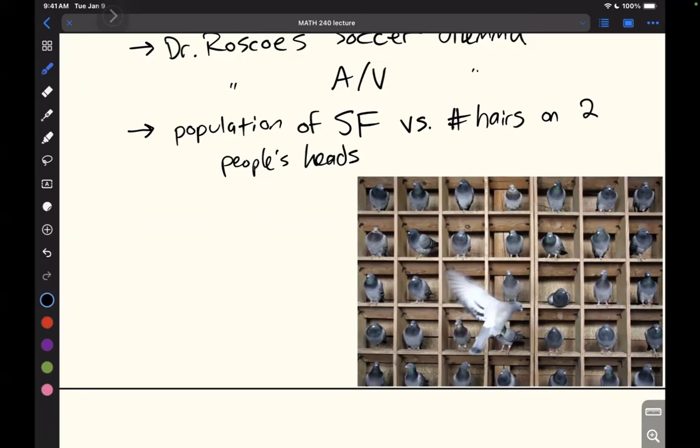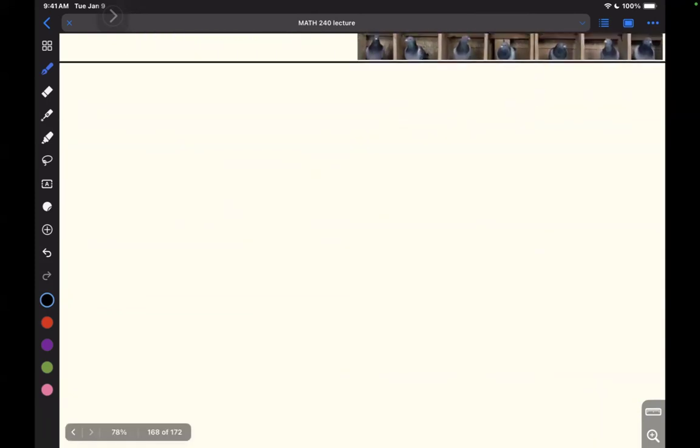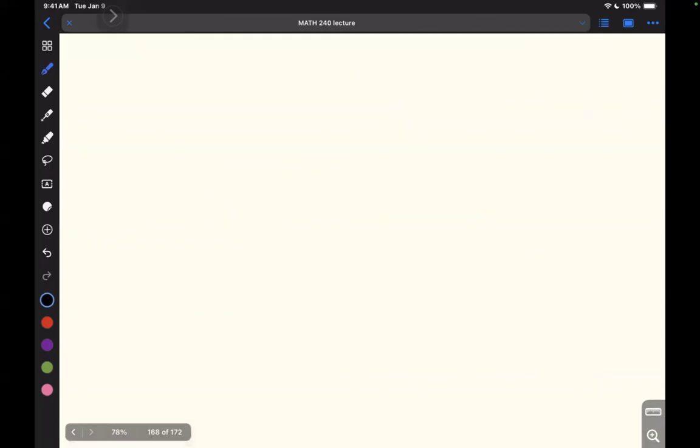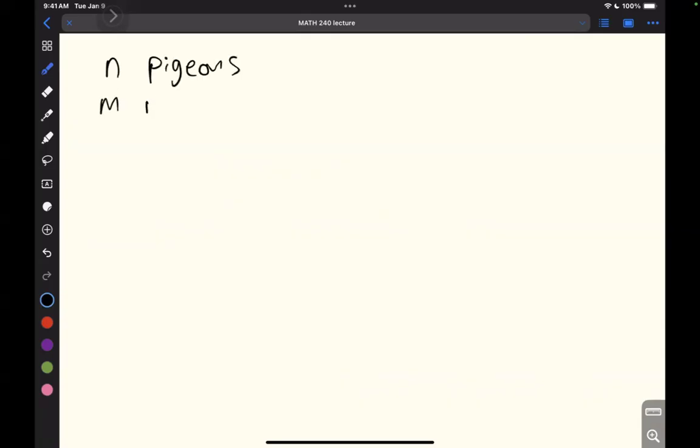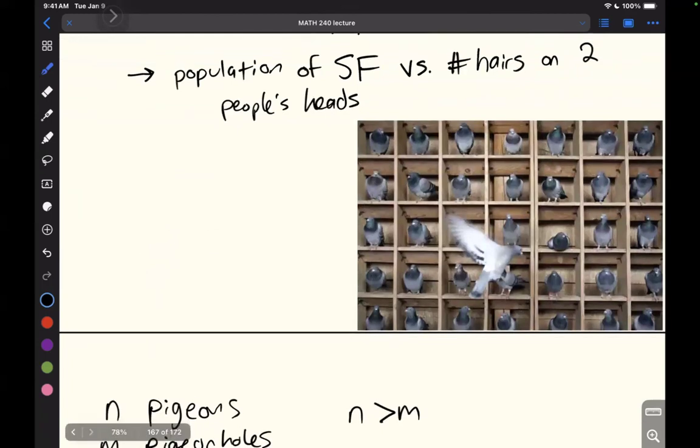And so the issue comes where, if we have n, okay, hold on, let me say what the book says. If we have n pigeons and we have m pigeonholes and we have n greater than m, then in this example, we've got n pigeonholes, and then we've got one who wants to find a place to roost, but all of them are filled.